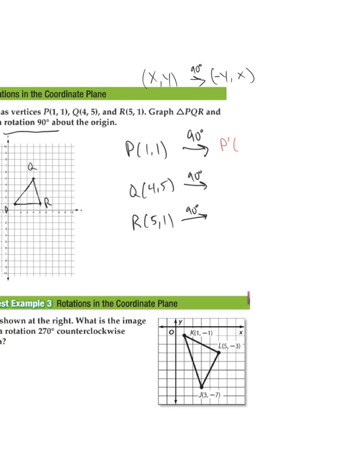P prime is going to be, well, they're both 1s, but that first one's going to become negative now. So (-1, 1). Q prime, (5, 4), changing the sign of the first one, so (-5, 4). And R prime, again (1, 5), changing the sign of the first one, so (-1, 5).